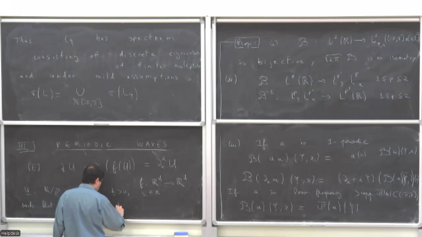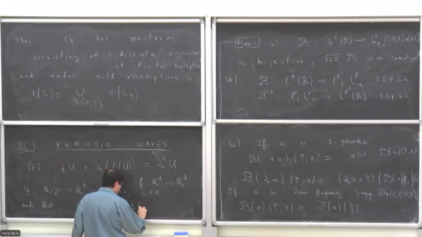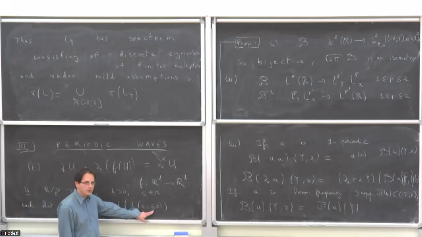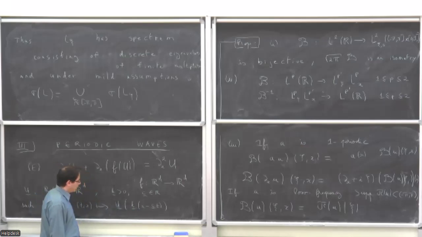So I can write it. In time, it's just translating x with some speed. And k bar here is just to get the period to 1.